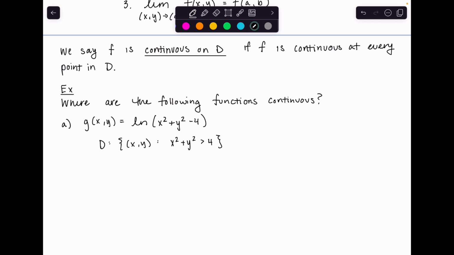As long as x and y satisfy this inequality, you've got that function making sense. And then this function is going to be continuous for all x and y values that satisfy this, because you'll have no issues just directly plugging in that point, because you'll get a true output. And we know the natural log function is continuous. So ultimately here, G is continuous on its domain.